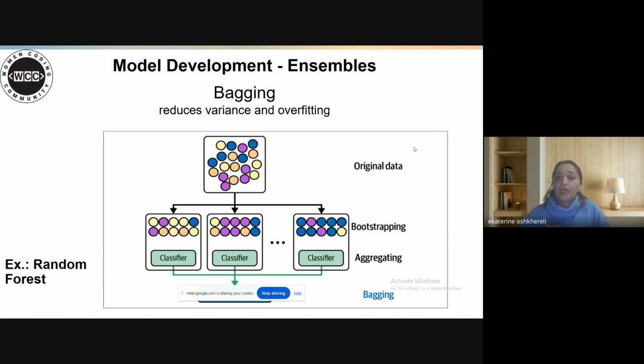For example, if we have a classification problem, in this case the prediction takes the class which has more votes, and if we have a regression problem, in this case it uses the average of each training on these bootstraps.